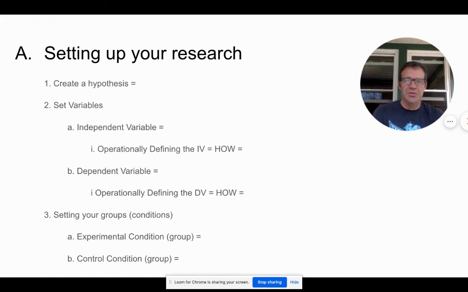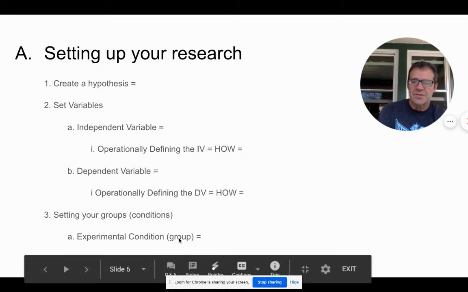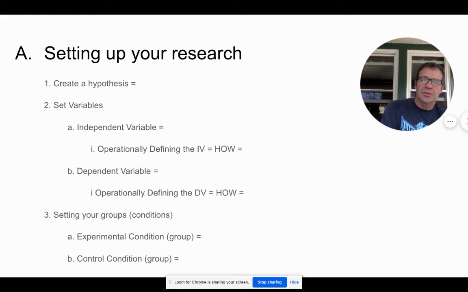And then finally, you're going to set your groups. Sometimes groups are called conditions. They're used interchangeably, so we have to know both. All right. And there's two conditions that we need to be concerned with. The first condition is called the experimental condition or group. The experimental condition or group receives the independent variable.